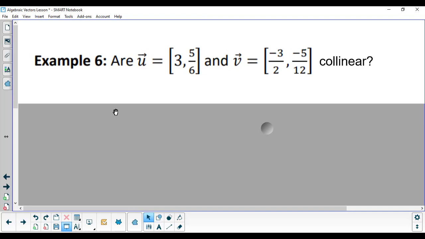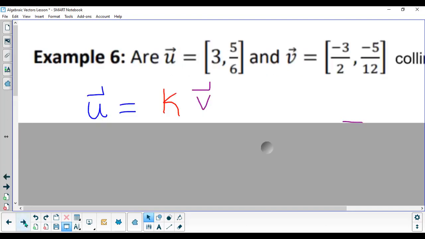But how can we do this? Let's start off with a definition. We're going to prove that vector u is equal to vector v multiplied by some scale factor k.